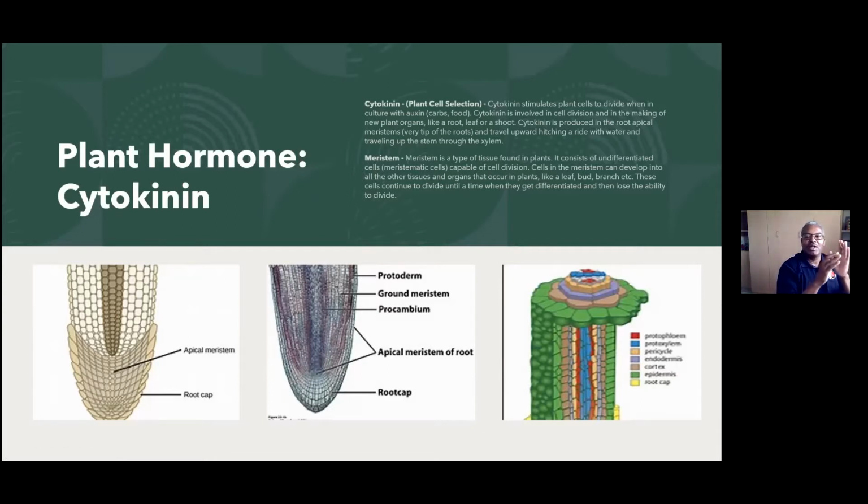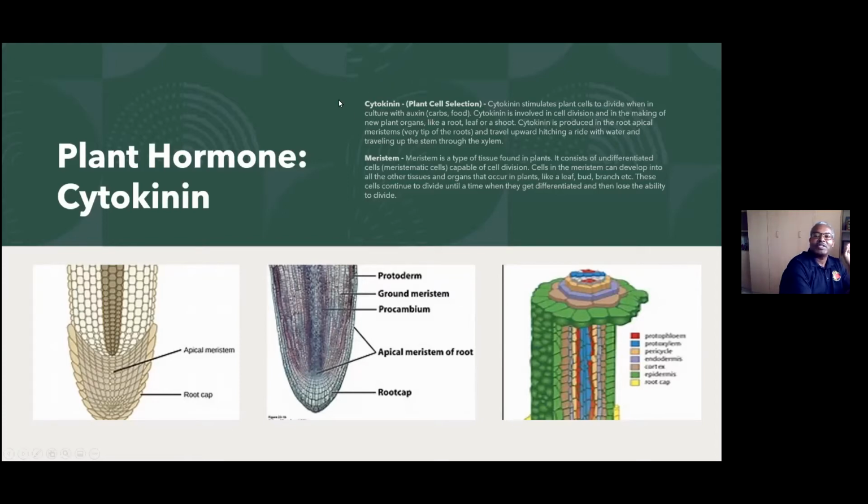It's like a stem cell in that it'll take on characteristics determined by the cytokinins. The cytokinins plus a little auxin for carbs and food will determine whether you're going to grow a leaf, a branch, a piece of fruit, a bud. That's what this cytokinin is used for.